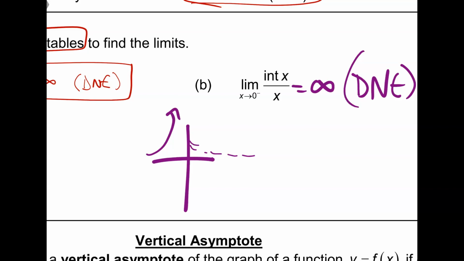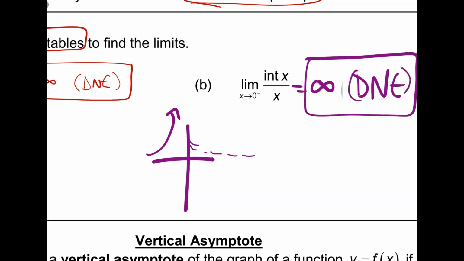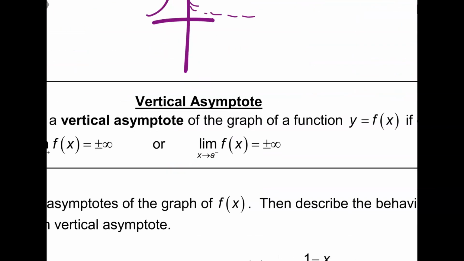I'm looking for two things: the positive or negative infinity, and then you should say DNE. I want you to write both. Because first, it tells me you know how to read up and down with positive and negative. Then it tells me you realize infinity is not actually a number you can pin down. It does not exist. Showing me those two things means you know it.